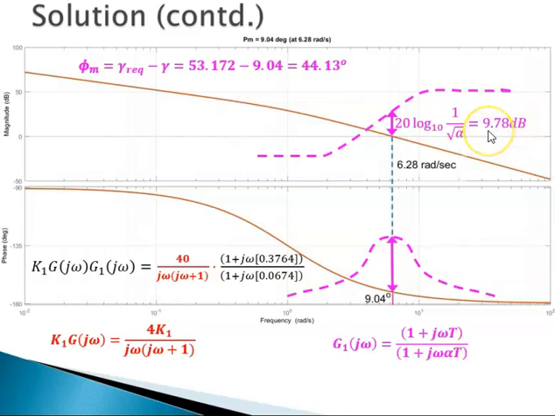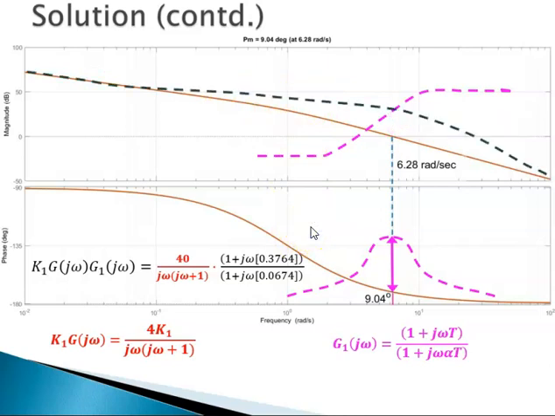That comes out to be 9.78. That is, there is a change in the magnitude curve, because the phase lead compensator also adds magnitude. With that, what happened? We wanted this to be the gain crossover frequency, but the frequency moved here.